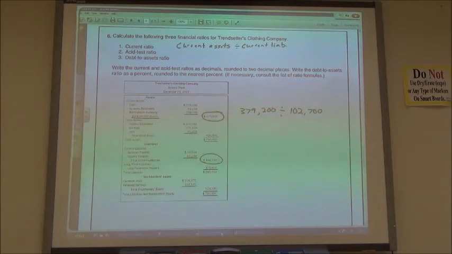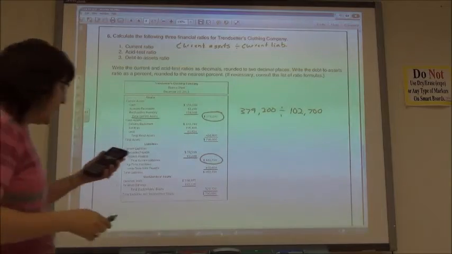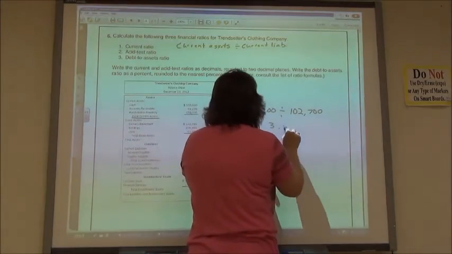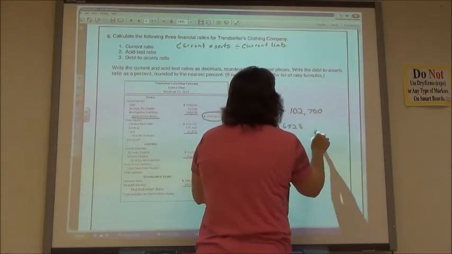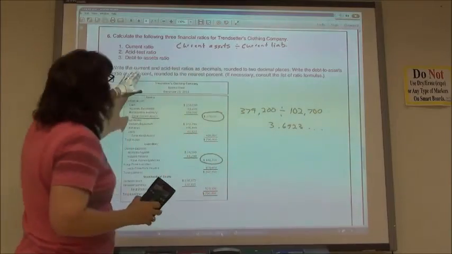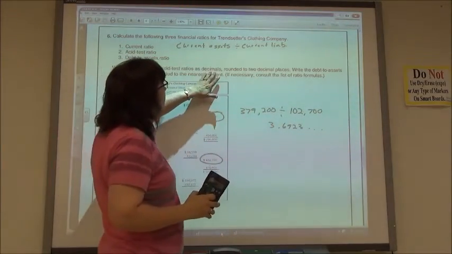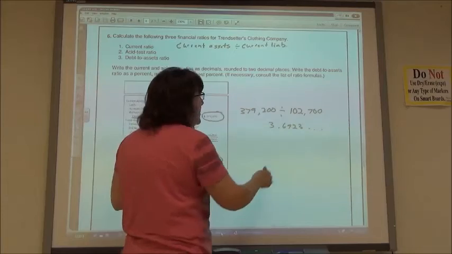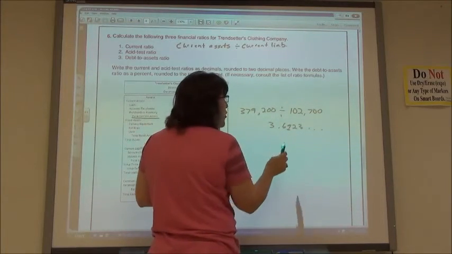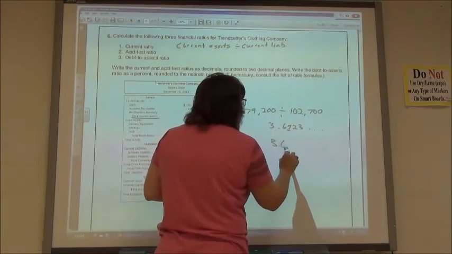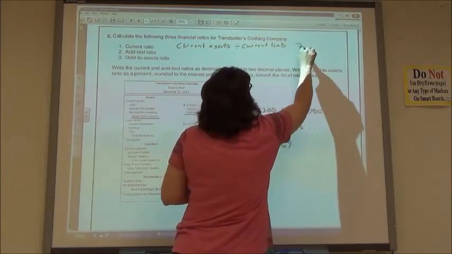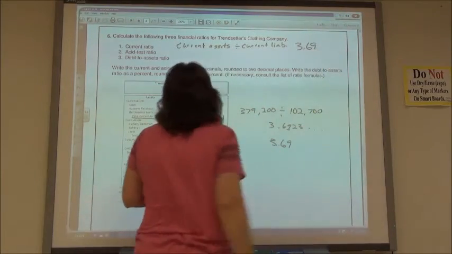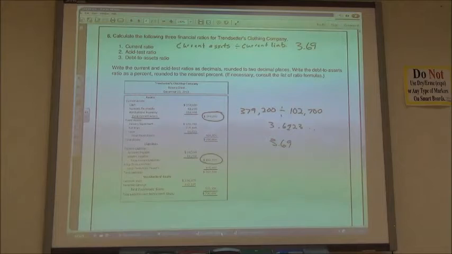So, $379,200 divided by $102,700 gives me 3.6923, so forth and so on. For the current and acid test ratios, we're doing decimals rounded to 2 decimal places. So we have 692, 2 is not going to affect it, so 3.69. So my current ratio would be 3.69.